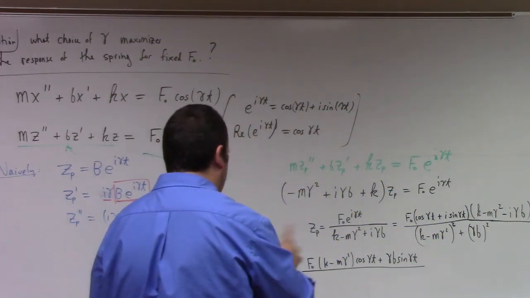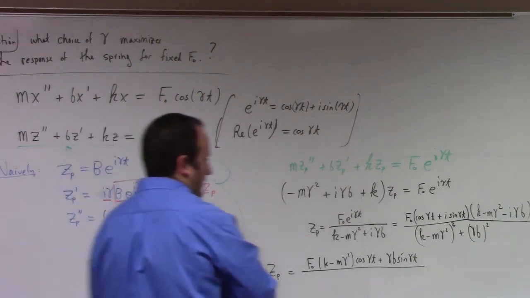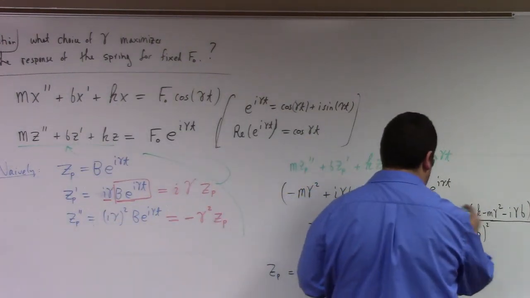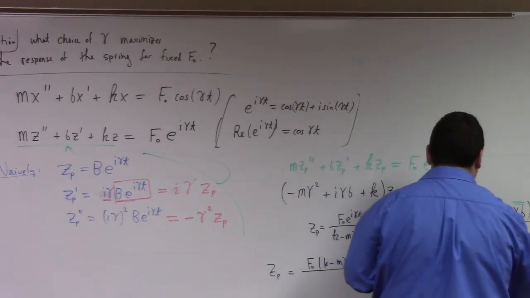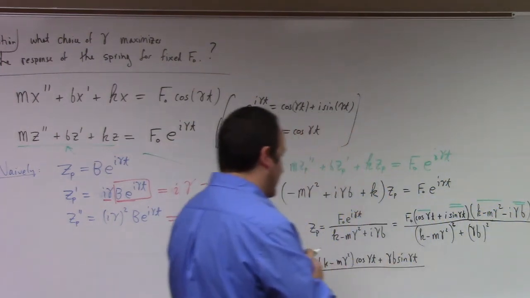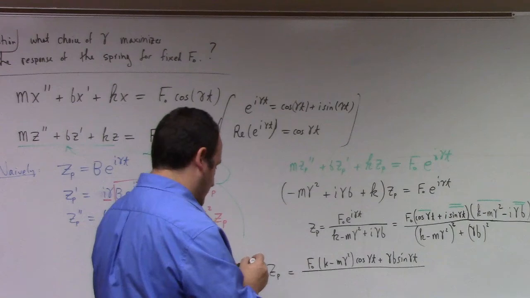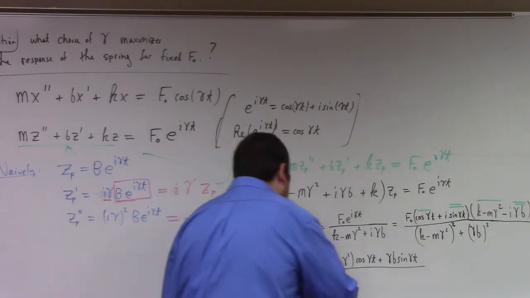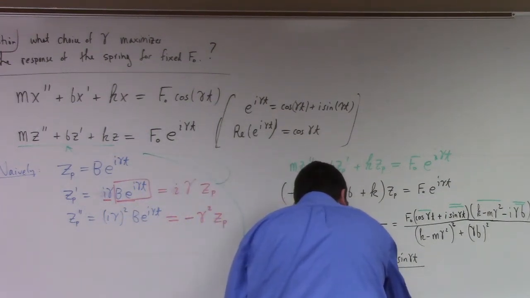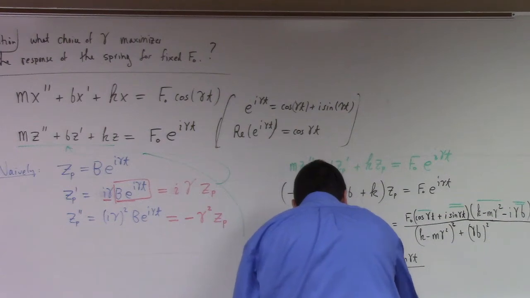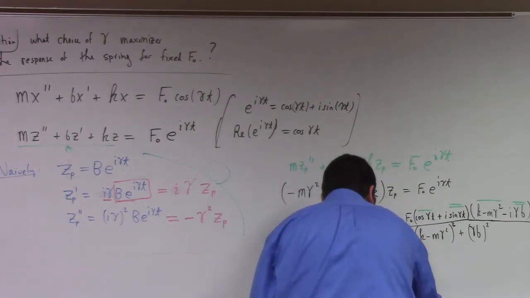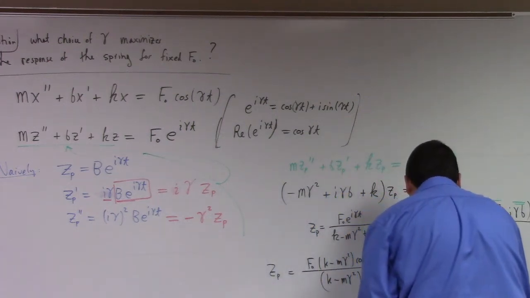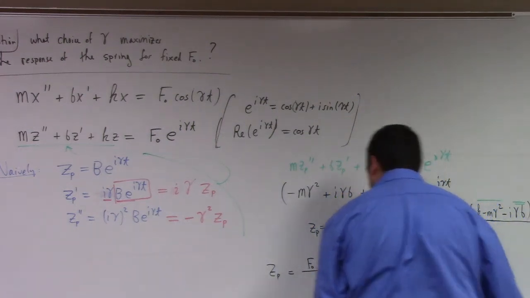To find the real part, I take this times that, and also this times that. That's going to give me the real part here, divided by k minus m gamma squared quantity plus gamma b quantity squared. Then you've got plus i times stuff. I don't really care what's in the stuff.